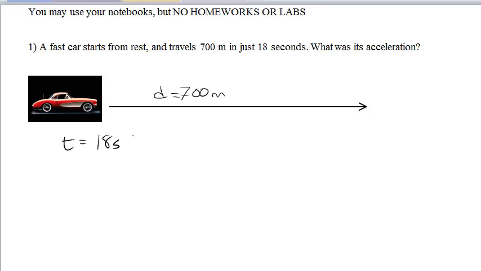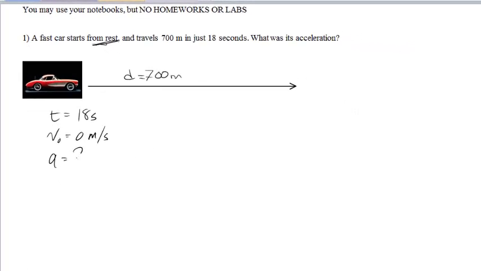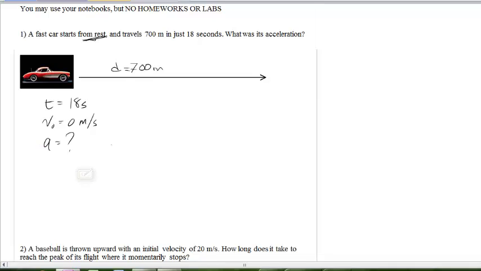But there's one more piece of information we need to take into account, and that comes from this little term right there. The idea that it starts from rest tells us that the initial velocity was 0 meters per second. Okay, so that's our given information. And then our unknown, or what it's asking for, is acceleration.